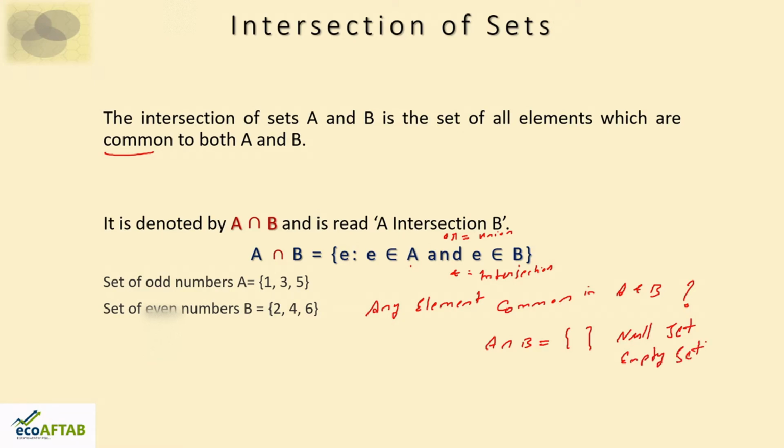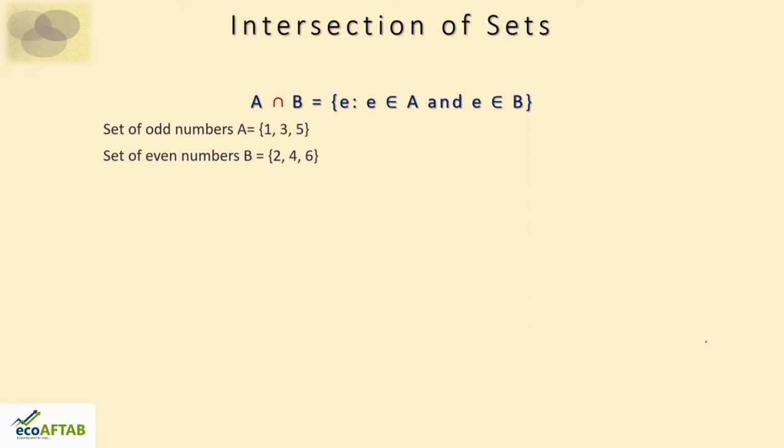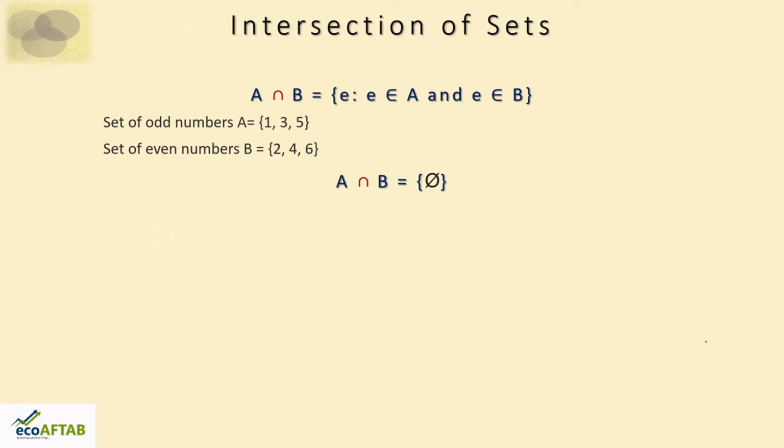This is the example. See, A intersection B of the odd numbers set and the even numbers set is going to give us the empty set. There is no element.